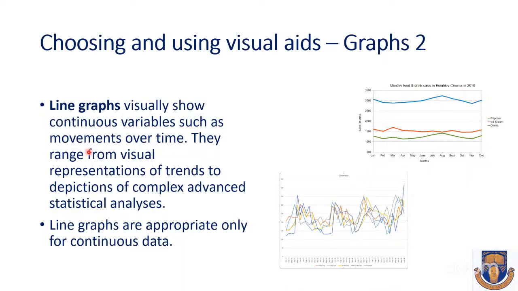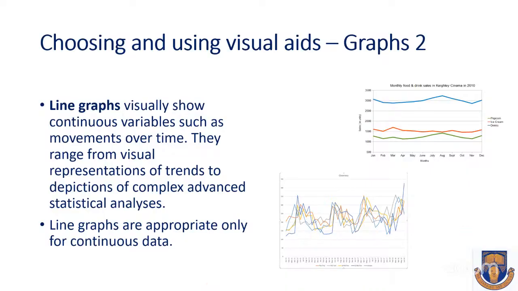They range from visual representations of trends to depictions of complex advanced statistical analysis, like you can see here. So these are some complex advanced statistical analyses. Or if the time frame you are working with is very large and you want to show each of the individual specifics within it, line graphs can also help you show those zigzag patterns, all right?